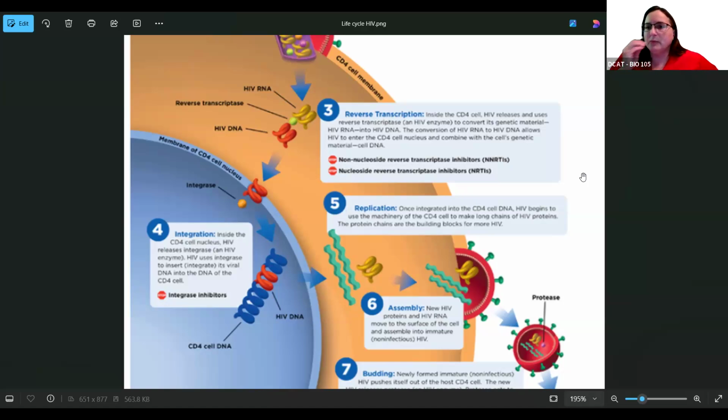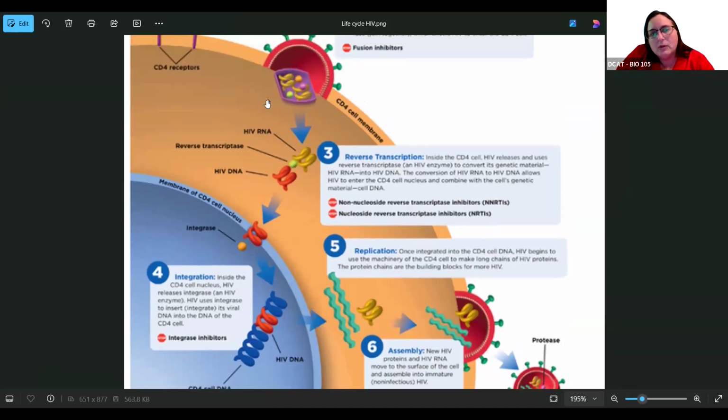And this is the reverse transcriptase. This is the part that shows just how smart this virus is. So once it's inside the CD4 cell, when it fused, it released all of its genetic material, that's its RNA genetic material, into the cell.